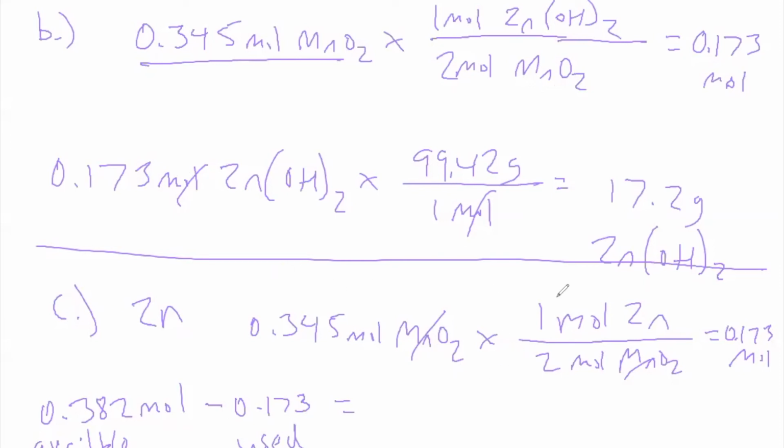So that's why we have to use this molar ratio here, because that tells us what we actually need in the equation. So what we have versus what we need, we subtract the two, and we get 0.209 moles remaining or in excess.